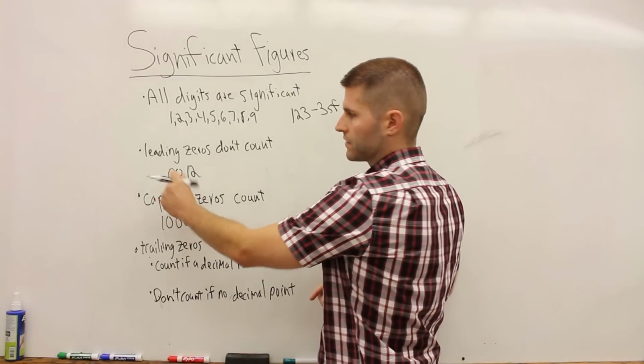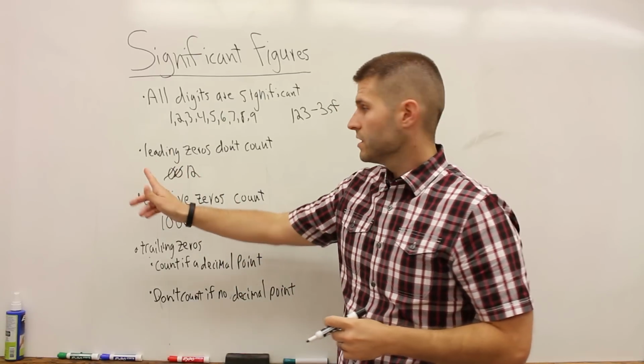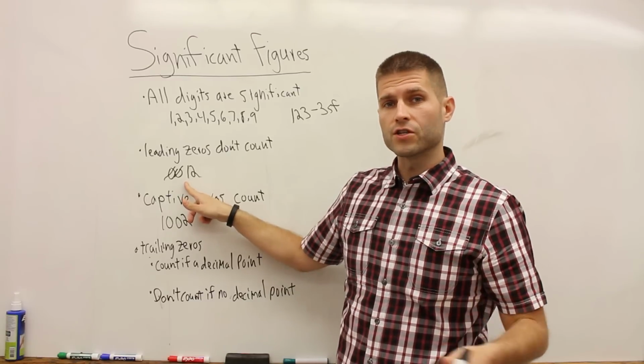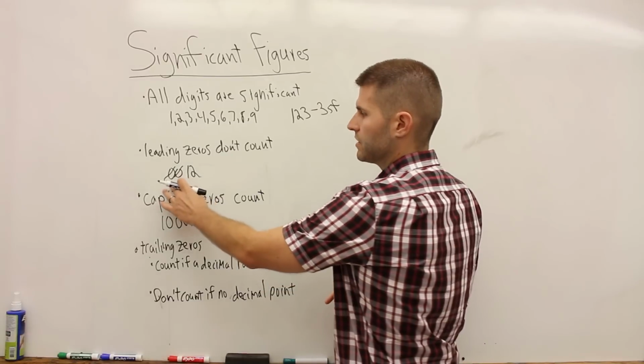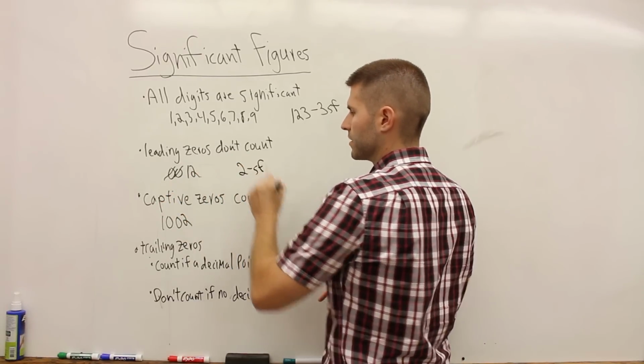So we don't count this first one, we don't count the second one because they're both leading zeros. We haven't hit our first non-zero digit. We get to the 1, that is our first significant figure, and then the 2 is another significant figure.